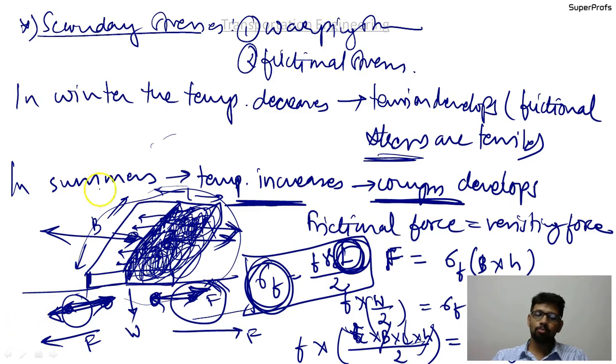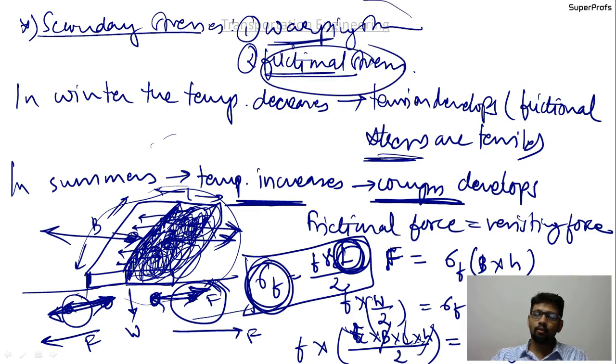Okay guys, so please understand the difference between the warping stresses and the frictional stresses. Warping stresses are because of the daily variation of temperature, and the frictional stresses are because of the seasonal variation of temperature.